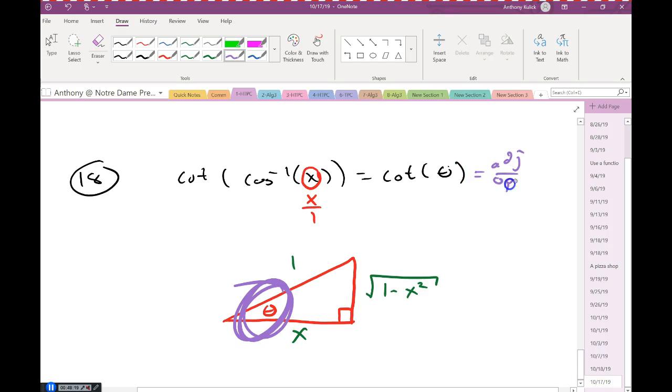Adjacent over opposite, so I get x over the square root of 1 minus x squared. Again, I think what we had said was if it was all numbers, we'd worry about rationalizing those denominators, but if it was a variable expression, we wouldn't. I think that is where I'm at in this course.